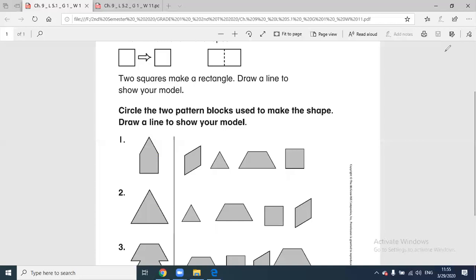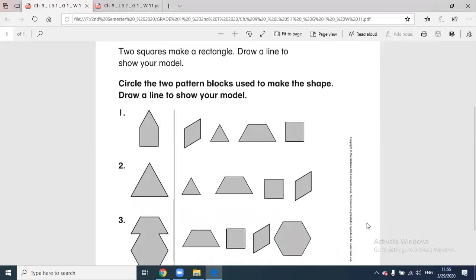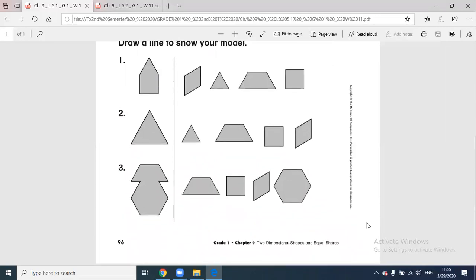Next one. Number three, the last one. As we see here, we draw a line, number one, to have two shapes.